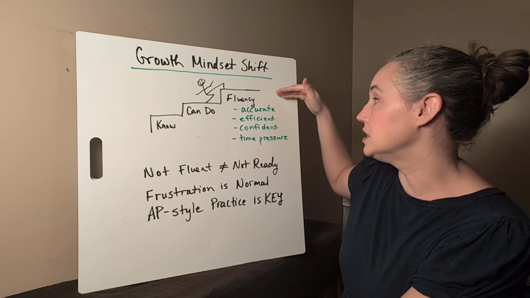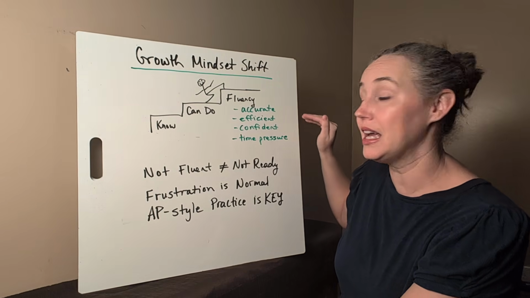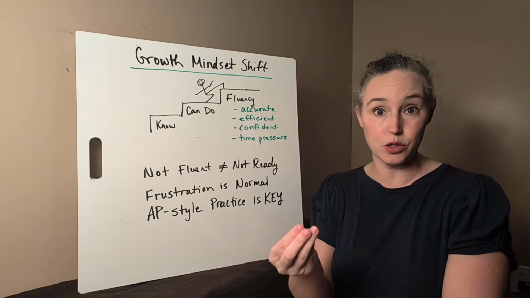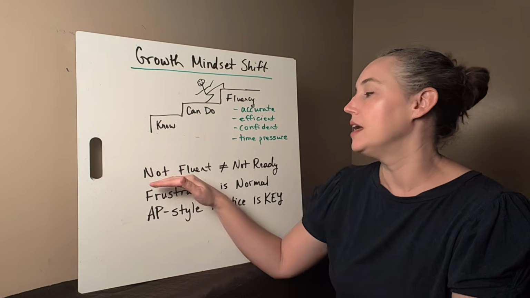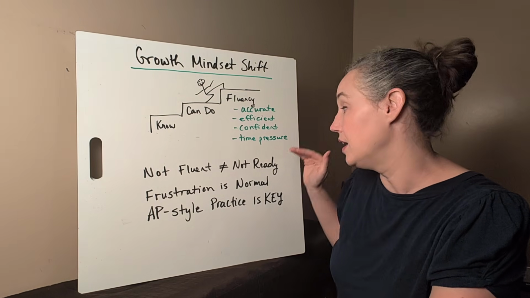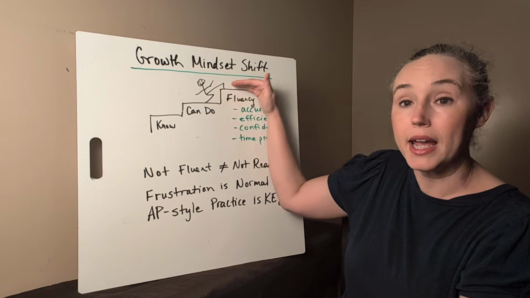So remember, fluency is when you can answer questions accurately, efficiently, confidently, and under time pressure. And not just any question, not just factual questions, but those application questions. If you're not fluent yet, that's okay. That doesn't mean that you're not ready. It just means that you're on your way.